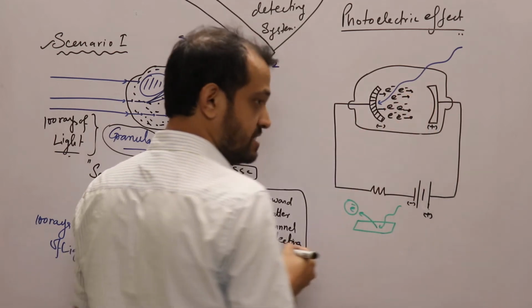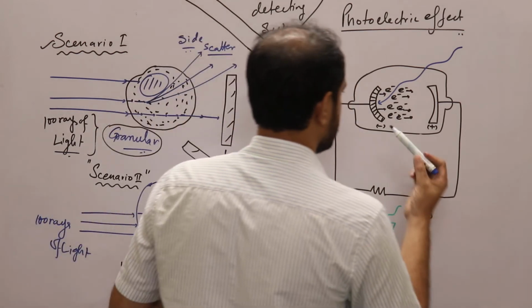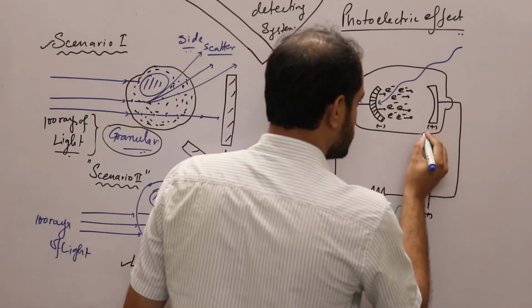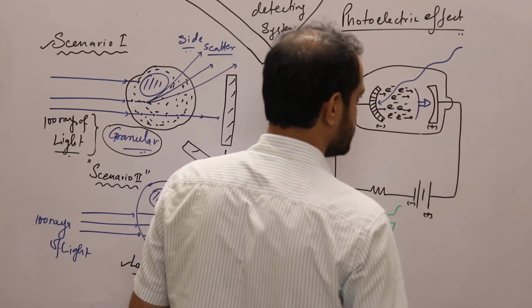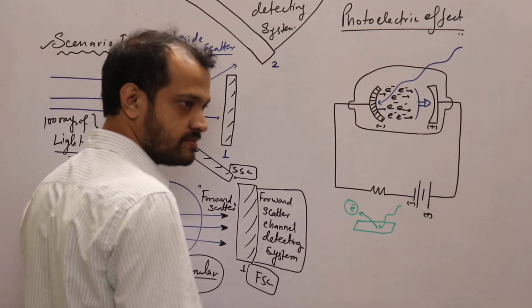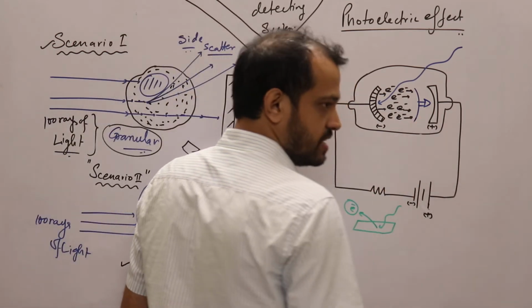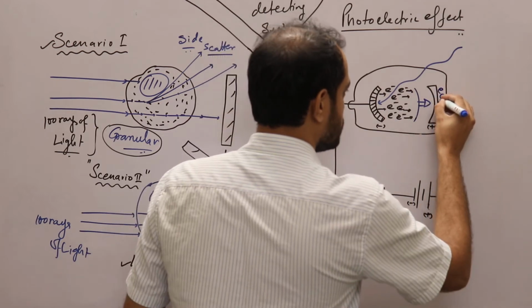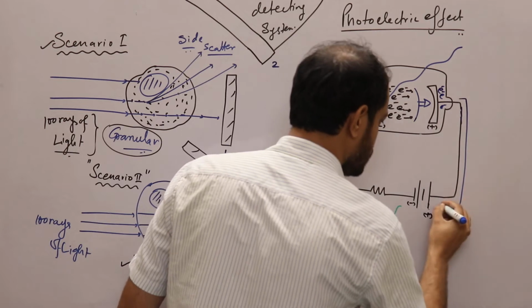We have discussed this in great detail in photosystem. Now listen, as this is a positively charged end, electrons are running towards this side. They are attracted toward this positive pole.